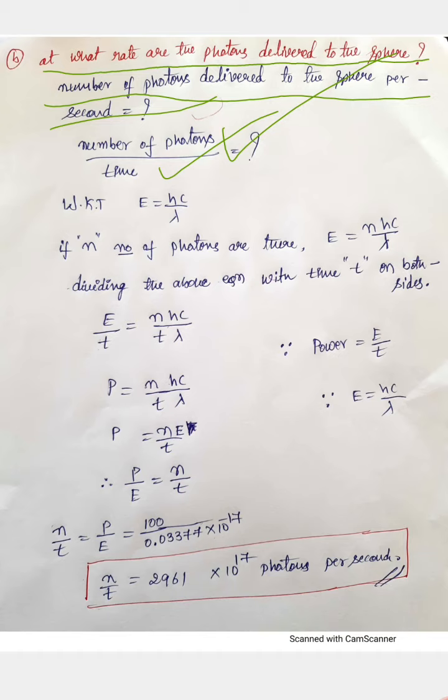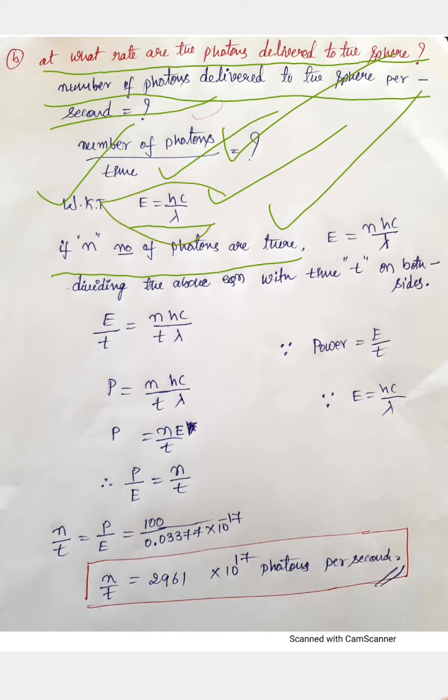We know that E is equal to hc by lambda; this is the basic energy of one photon. If n number of photons are there, then the energy due to n photons is given by E is equal to n into hc by lambda, where n is the number of photons, h is Planck's constant, c is the speed of light, lambda is the wavelength.